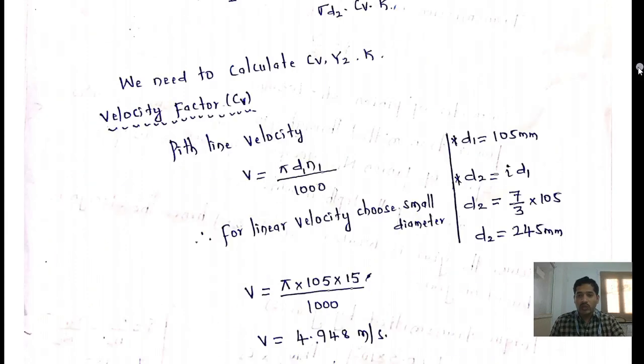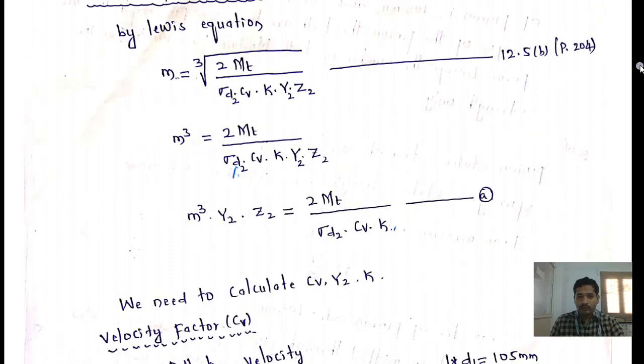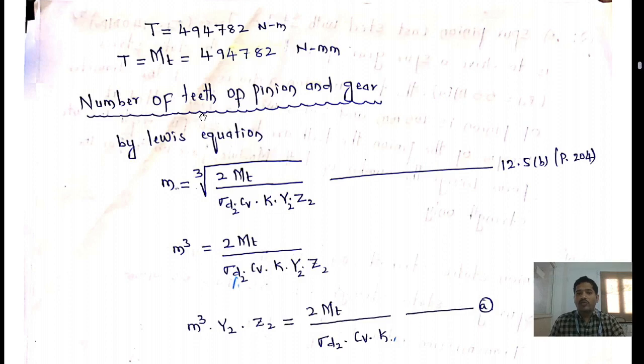First of all, we have to use this formula for the number of teeth of pinion and gear. By the Lewis equation we know the formula m is equal to cube root of 2 Mt by sigma d2 into Cv, nothing but the velocity factor, into k, nothing but the load factor, and y2, nothing but the form factor.